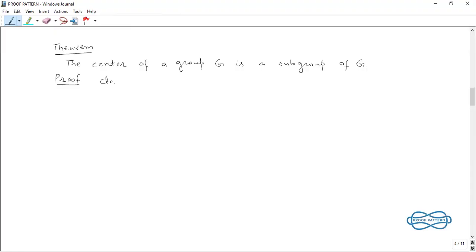Clearly, the identity element must belong to the center because the identity element commutes with every element of G, because ex is equal to xe for all x belongs to G. So this e must belong to the center. This means the center of G is a non-empty set.